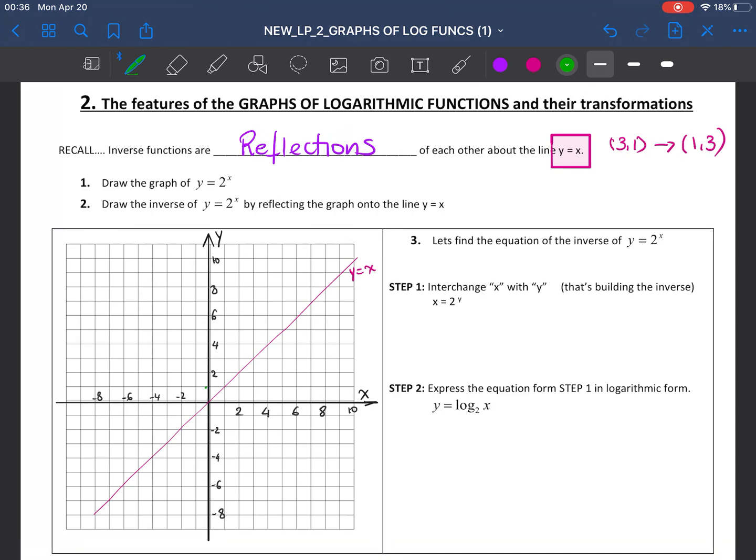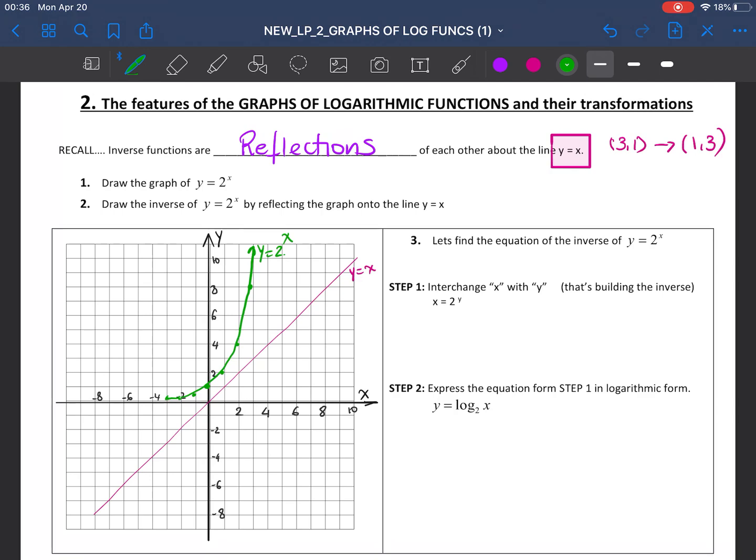So the key points here are: when x equals 0, y equals 1; x equals 1, y equals 2; 2, 4; 3, 8; and x negative 1, y half, and then a quarter, and so on. I will build the inverse based on the shape of the graph y equals 2 to the x.